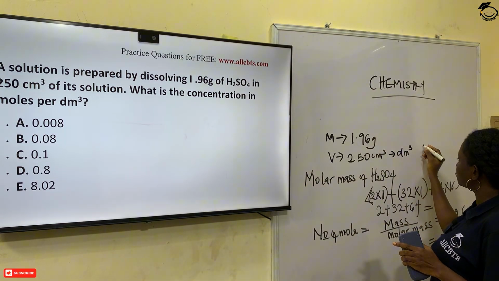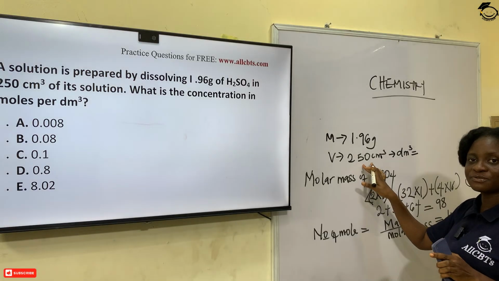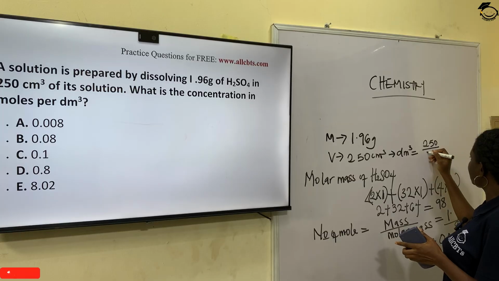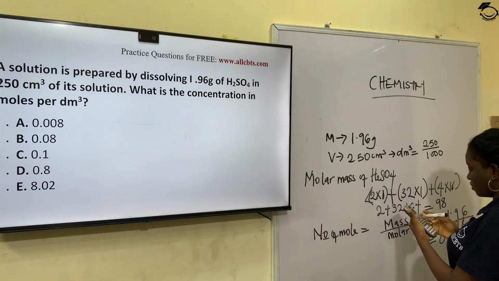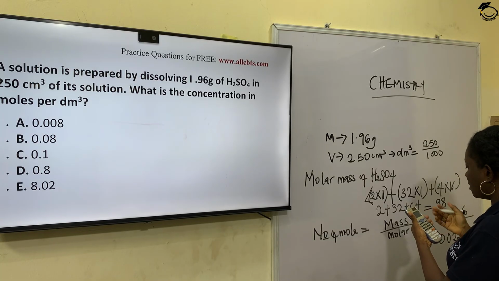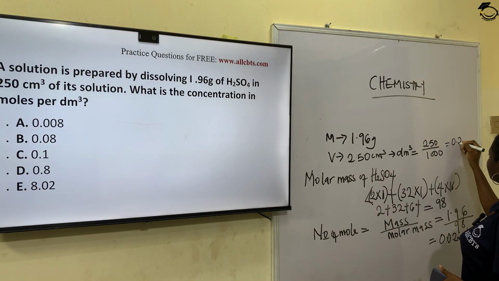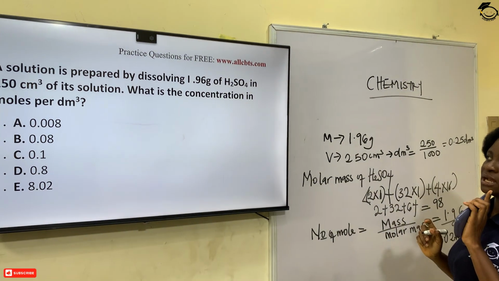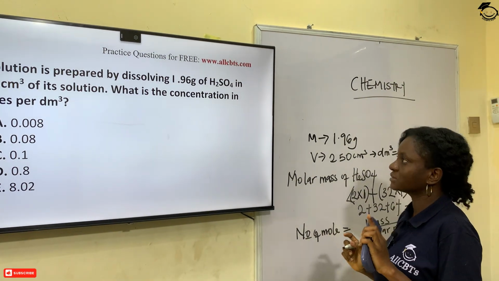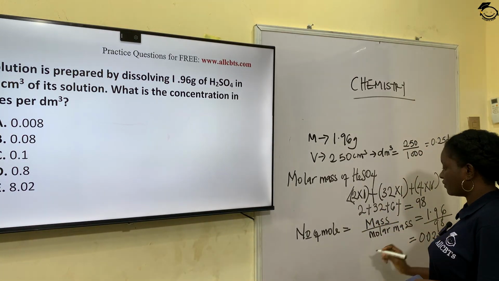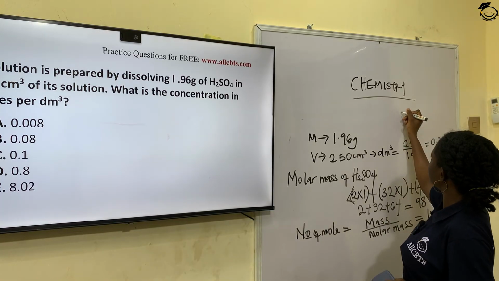To convert it, we'll divide 250 by 1000. That's 250 divided by 1000. That will give 0.25 dm cube.